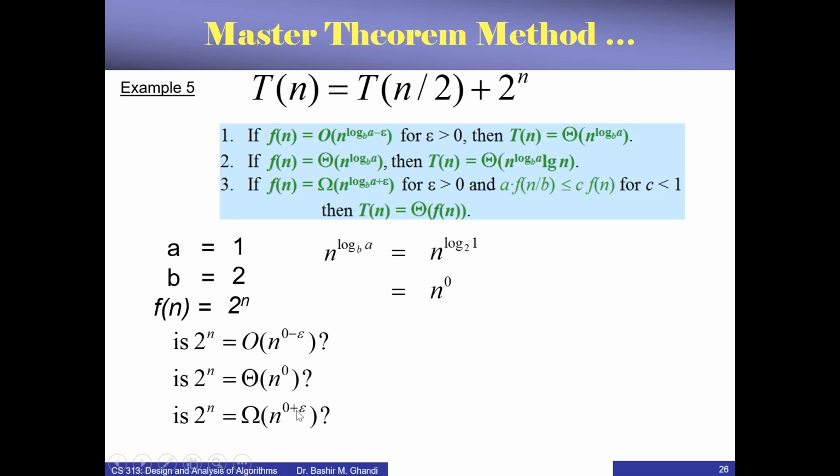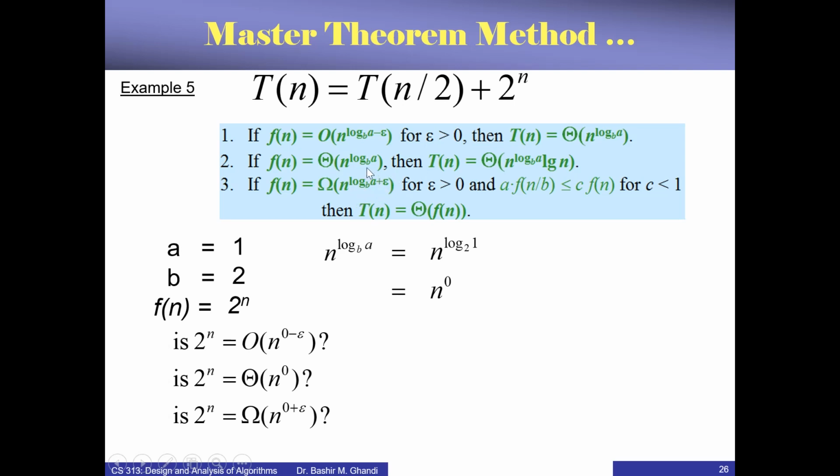Yeah, so if you add something little to the 0 that we have here, 2 to power n is still going to be greater or equal to that n to power small number epsilon. So it is actually case 3. But remember, case 3, we have two things to check actually.